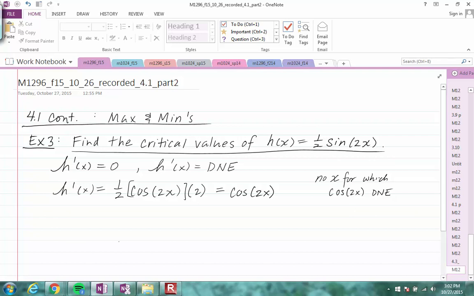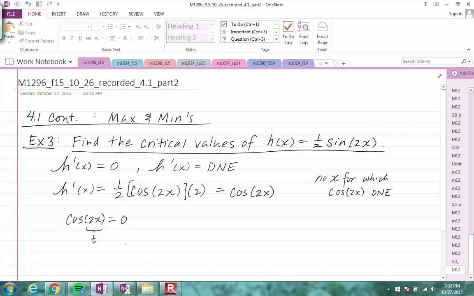So the next thing is let's set cosine of 2x, or the derivative, equal to 0, and see what we can get from that. So to do this exactly in radians, assuming that x is in radians, we've done this before, but we've never had a constant on the inside of the function here.